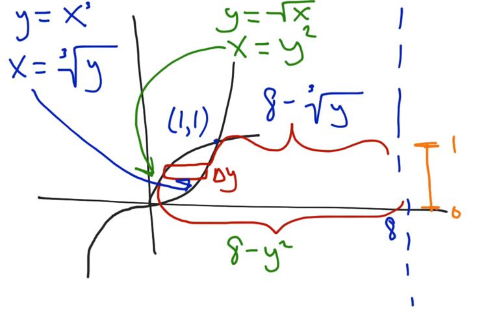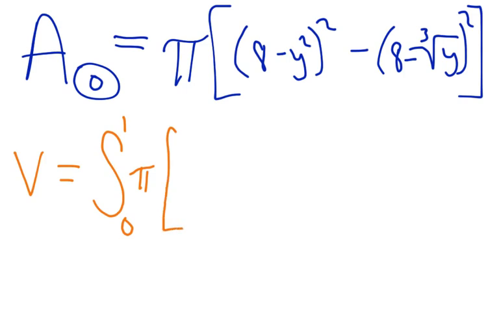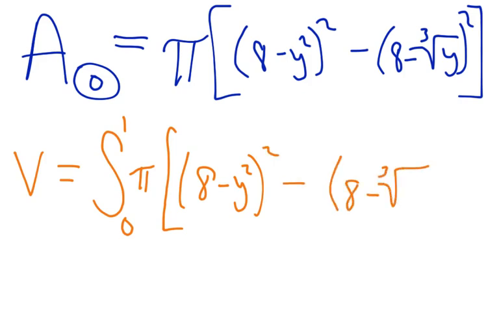Maybe I need to do some varied examples, because that's been our common upper and lower limits for the last few examples here, but it's okay. So our volume is the integral from 0 to 1 of pi times this quantity here, 8 minus y squared quantity squared minus 8 minus the cube root of y quantity squared, and then we have our dy out over there.